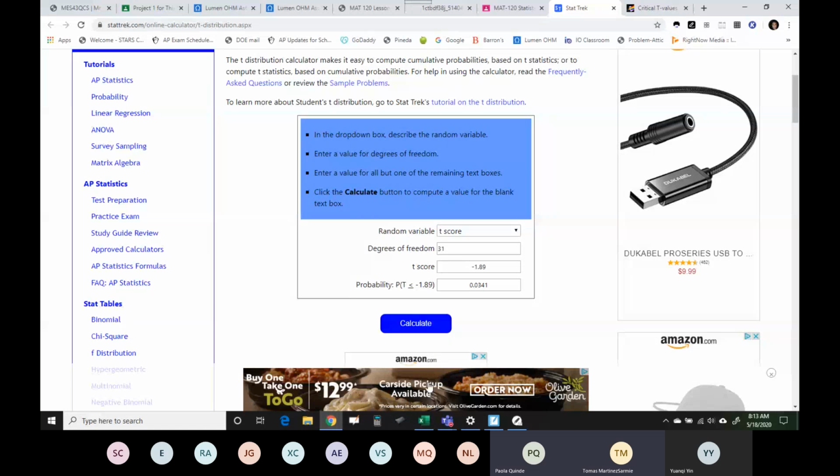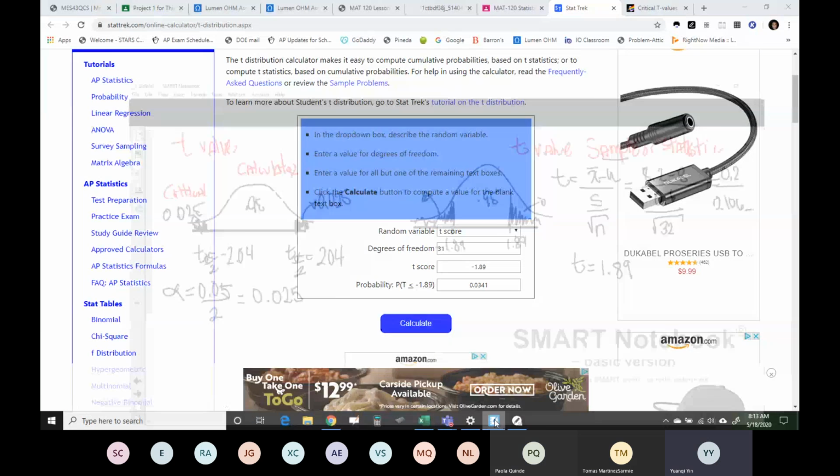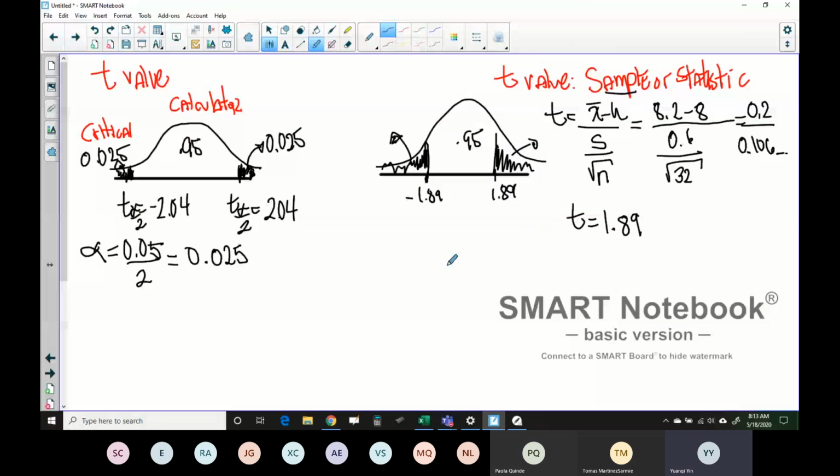So I'm going to write it down because I'm going to forget. Okay. So I'm going to go back over here and I already know that area. I'm going to put it in a different color. So I know that this area is going to be 0.0341 because the calculator went from here to here, and this is that area.